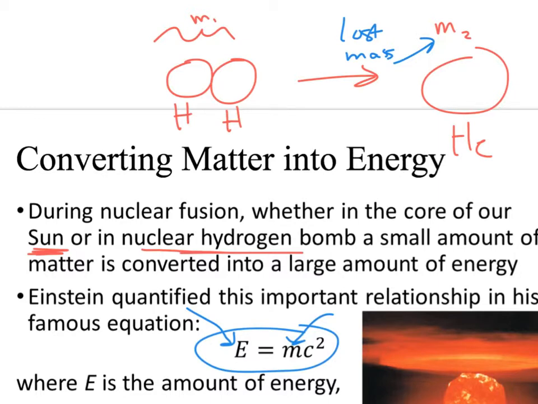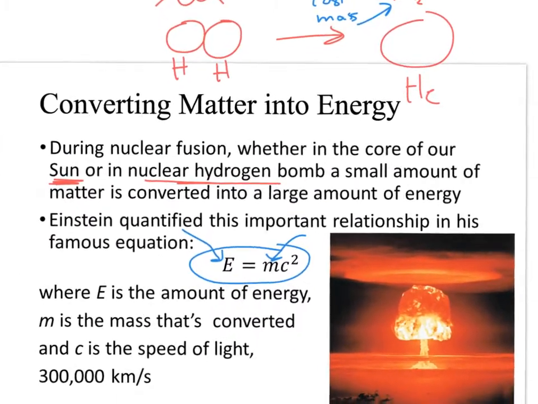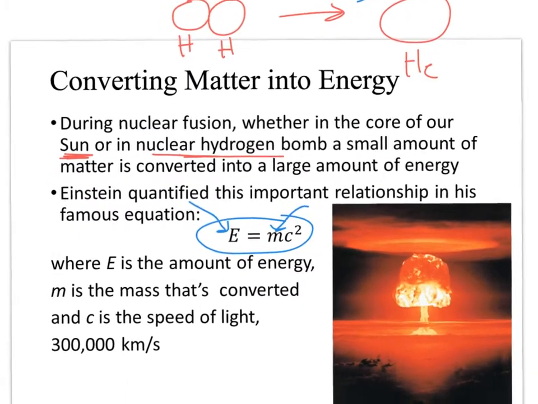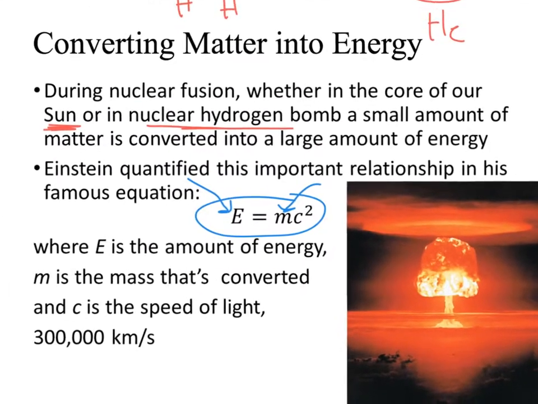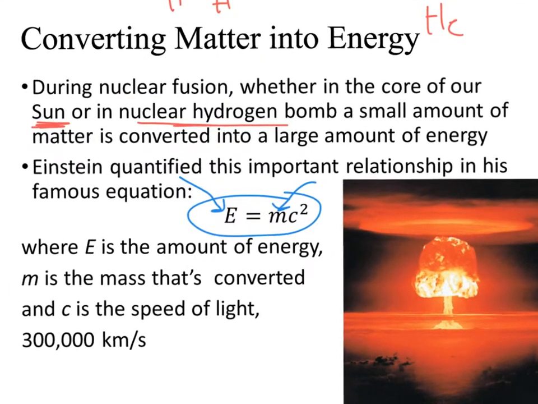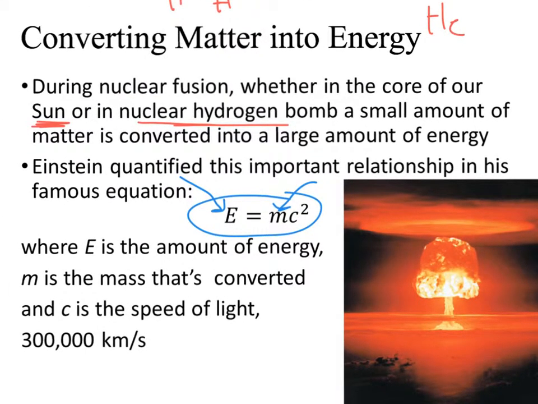Energy and matter are collectively conserved, but if the conditions are right for nuclear fusion, such as this, a small amount of matter can be converted into a large amount of energy. I say a small amount of matter because of this c. Did I tell you what that is? C is the speed of light, and the speed of light is a large number.